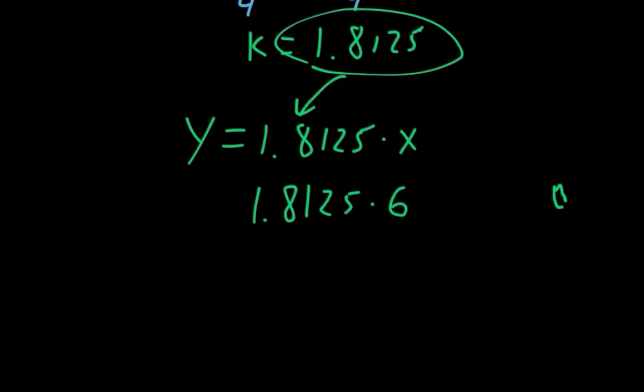And that'll give me my new y value. So 6 pounds of chicken should make 10.875. And I'm pretty sure you would have gotten 10.725 if you had rounded the 8, so you're off by a decent amount.